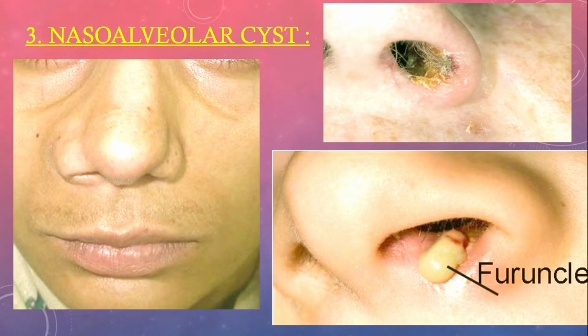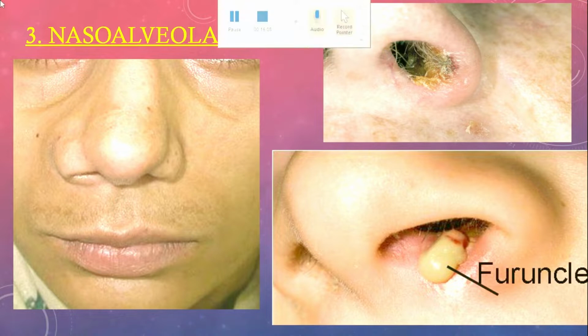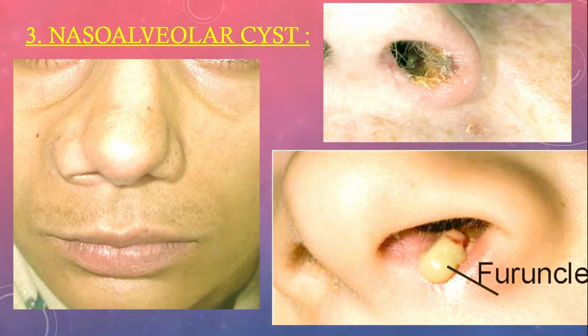Now these pictures show, first, the picture on the right top is vestibulitis, which is causing excoriation of the skin of the vestibule, and you can see honey colored discharge as well as some redness and scratch marks, whereas some narrowing is also visible in it.